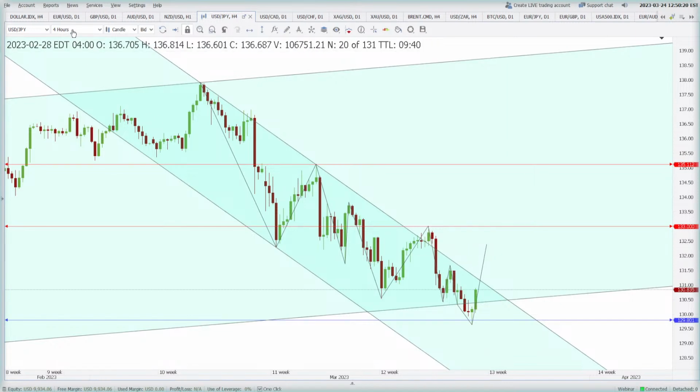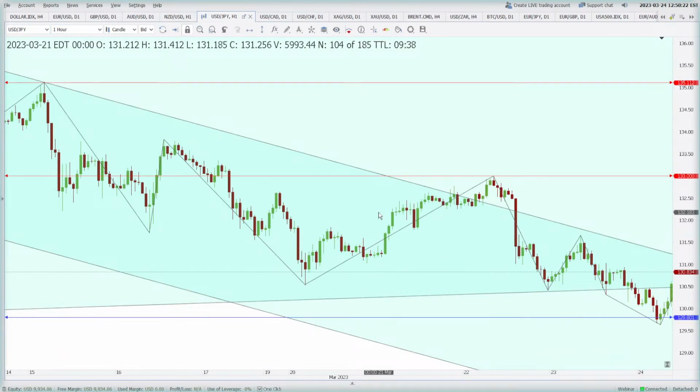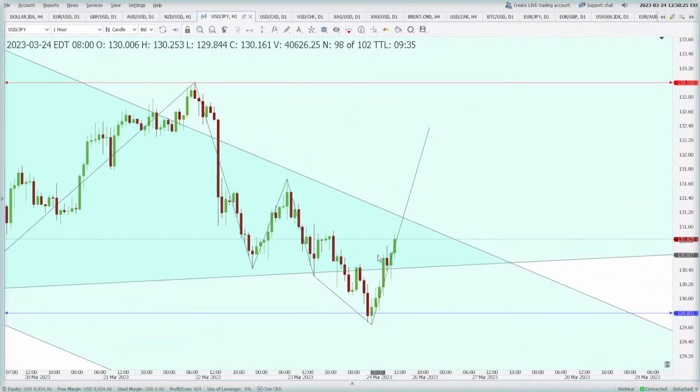But if you switch to 1 hour, you will realize that it has already been taken out, because suppose this is the market structure, low, high, low. Here price made a lower high, then a lower low, a lower high and lower low, and this structure on the 1 hour is broken here, and the price is trying to take support here. Do you realize that on the 1 hour? I'm sorry, maybe I will tell you again.